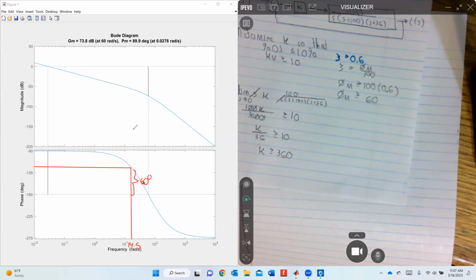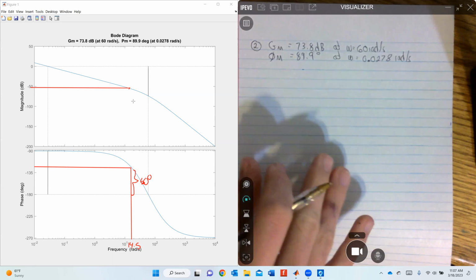When we look specifically at the gain at that point, it's going to be around -55 dB at that frequency. That's the amount of gain we can go up to.